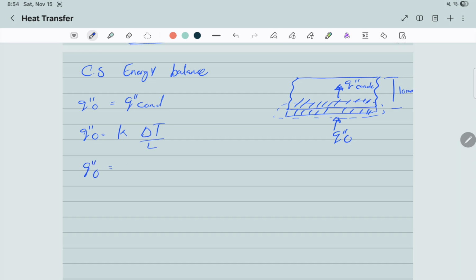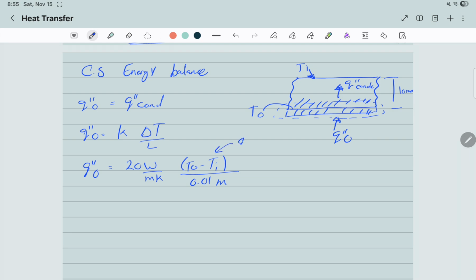So the initial heat flux equals 20 watts per meter Kelvin times ΔT, which is To minus Ti, divided by the thickness of the wall, which is 10 millimeters, which is 0.01 meter.